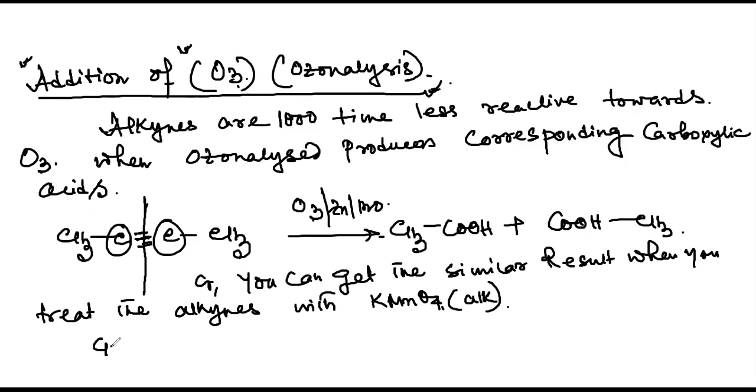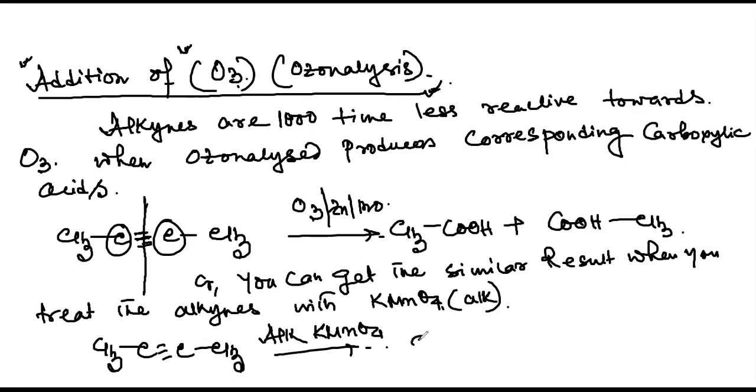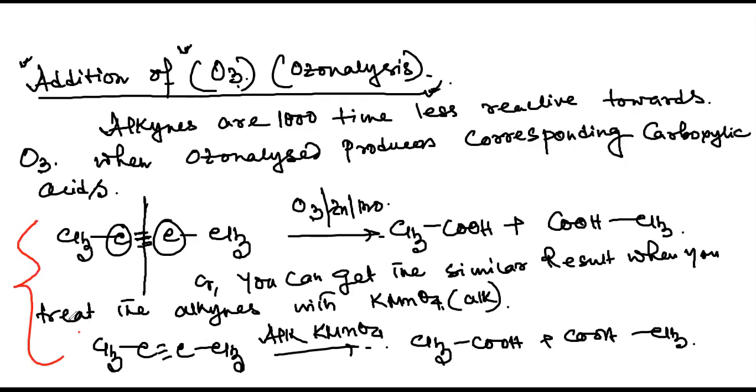You should see here CH3, C triple bond C single bond CH3. You can give here alkaline KMnO4. This will give you CH3, COOH plus COOH single bond CH3. So these two reactions are actually the same. You can use O3 ozone, or you can also use alkaline KMnO4 for the same purpose. So these are the ozonolysis of our alkynes.